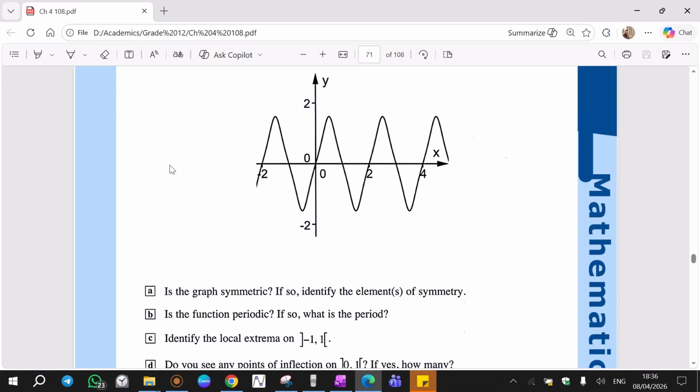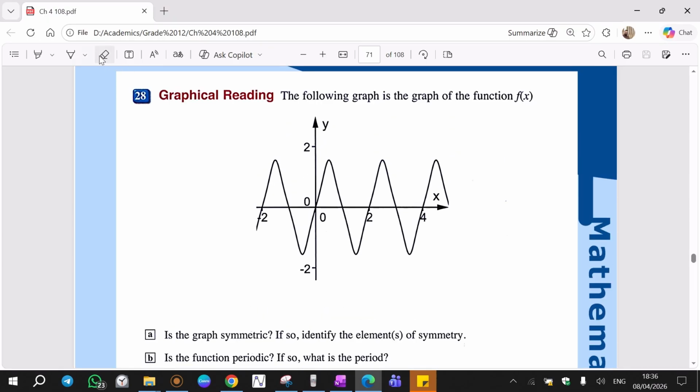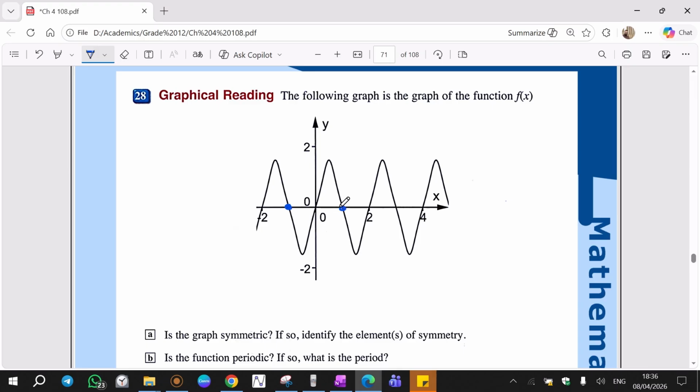Extrema means maximum or minimum between -1 and 1. -1 is right here, 1 is here. Between -1 and 1, there is this maximum and there is this minimum. The maximum, we can expect the x value, that's 0.5, and the minimum is negative 0.5.